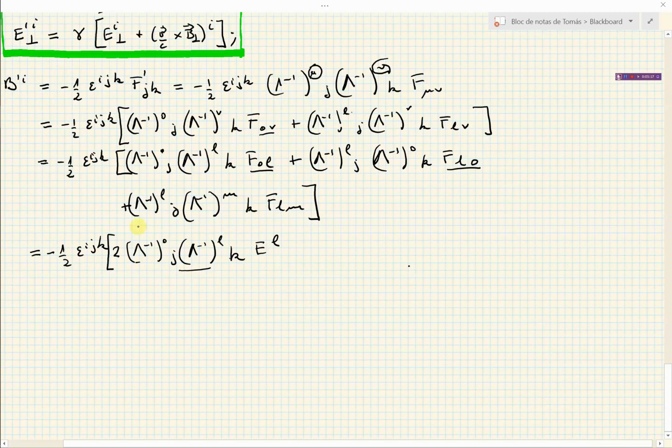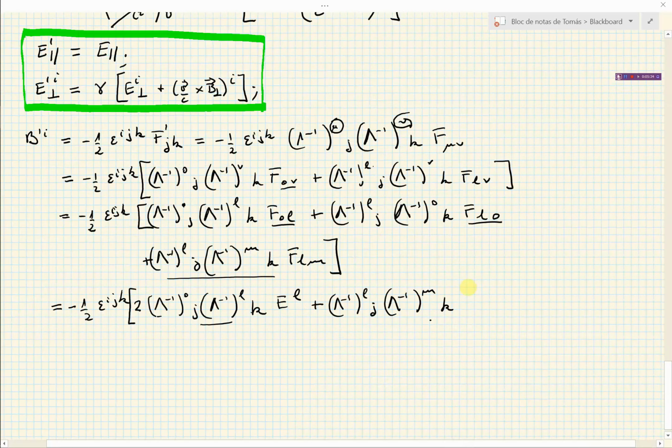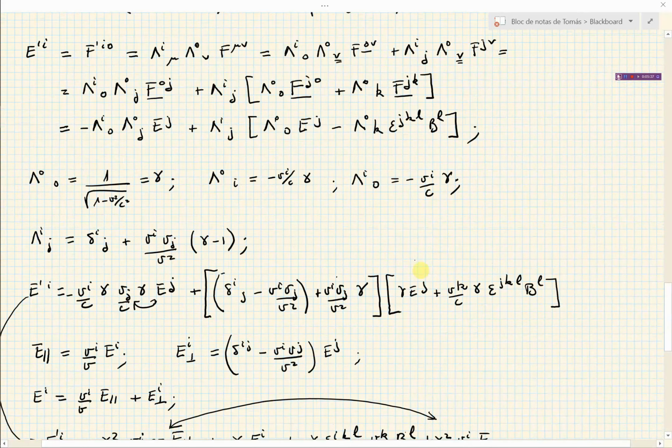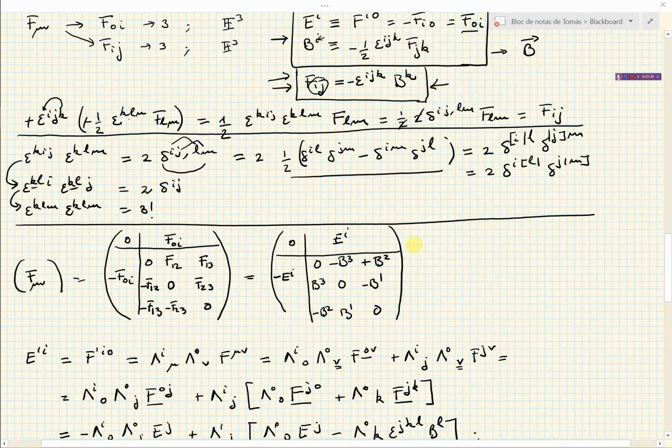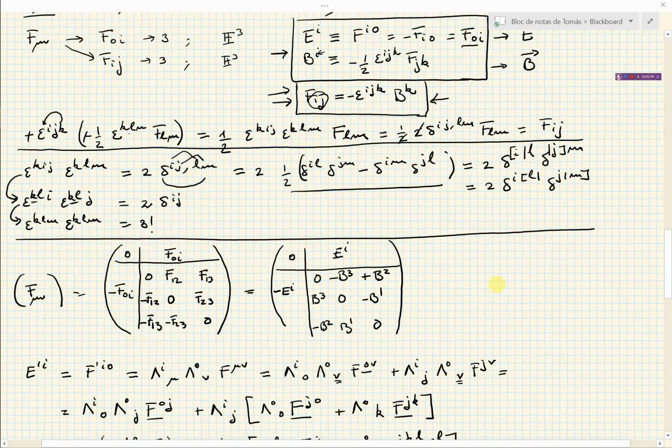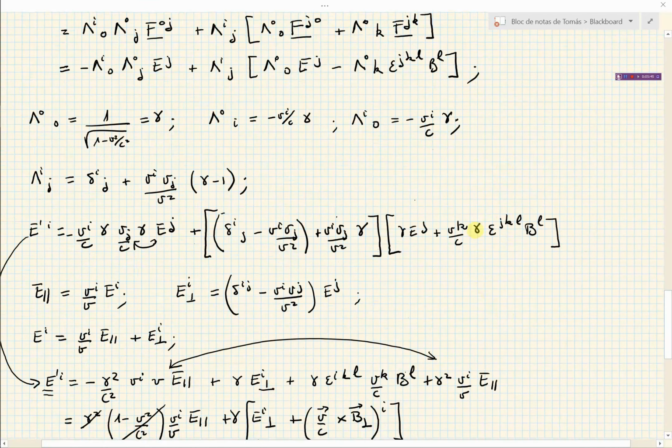And consider this third term here. So this is plus lambda minus 1 Lj lambda minus 1 Mk, and FLM we can re-express in terms of B using this inverse transformation that we wrote here. So it is with a minus and epsilon.